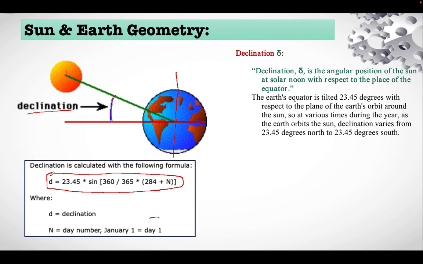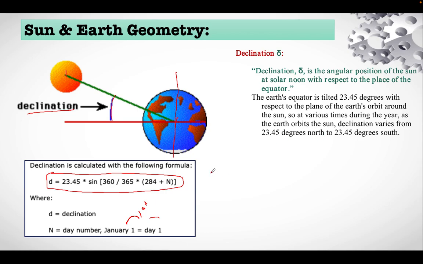formula, where declination is equal to 23.45 into sine in bracket 360 upon 365 into 284 plus n, where n means the number of the day, considering January 1st as the first day, and from that we have to measure the number of days.